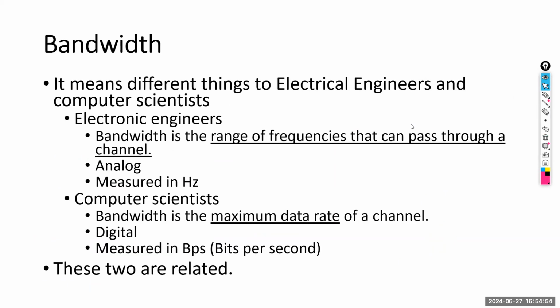So then the bandwidth. The word bandwidth has two meanings. Actually, it is the same thing. Electronic engineers look at it in one way, computer engineers look at it in another way, but basically we look at the same thing.